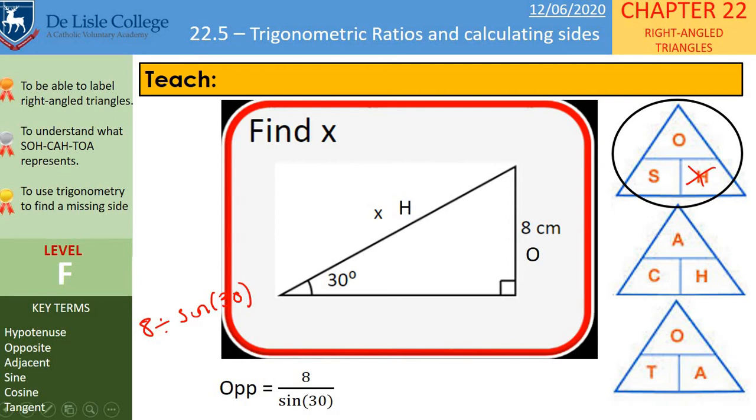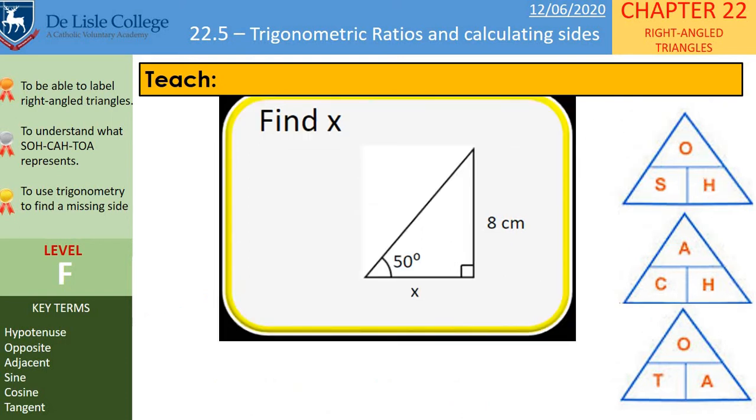It's not a problem, it gets you to the same place. Then when you press the equals button, you will get 16 centimetres. I'd like you to copy this example down, please. Pause the video as you do this. Right, good.